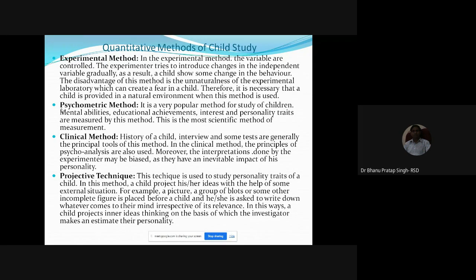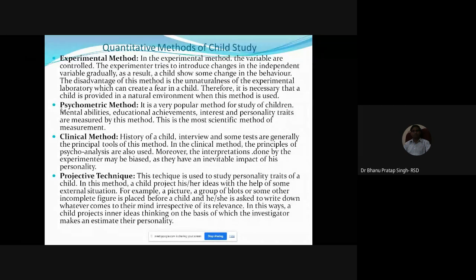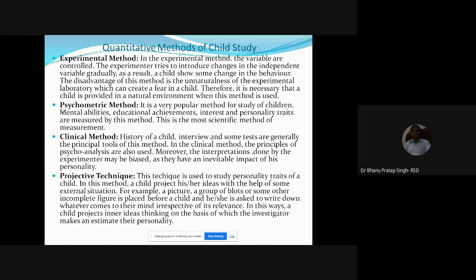Sometimes he uses ink and takes the shape of the hand of the child, and he asks the child to write a story on this. He gives some pictures, some examples, but incomplete, and asks the child to complete all.